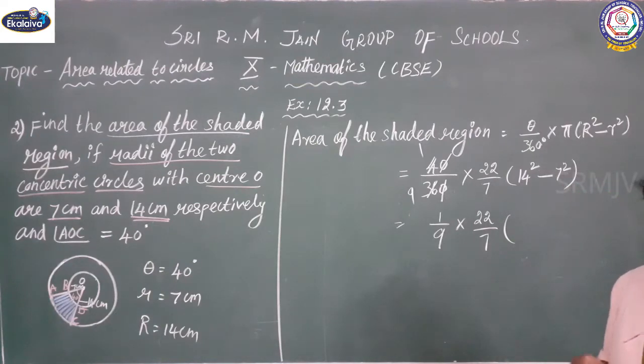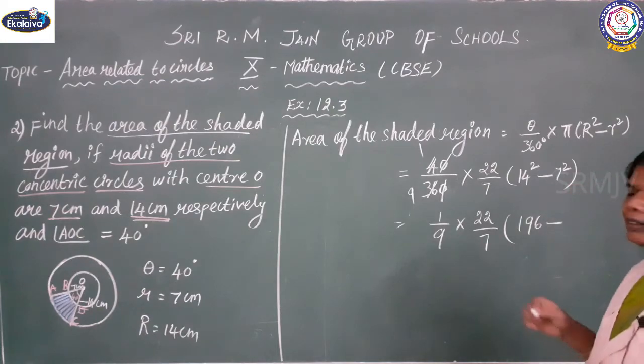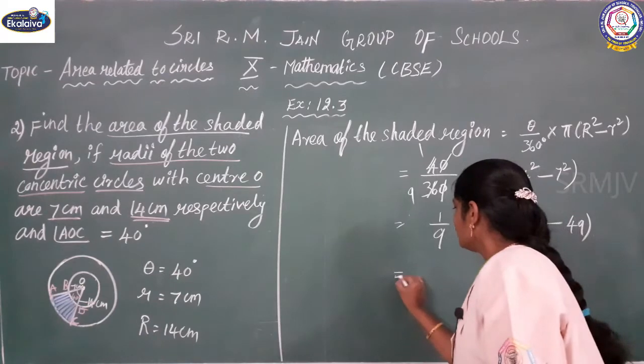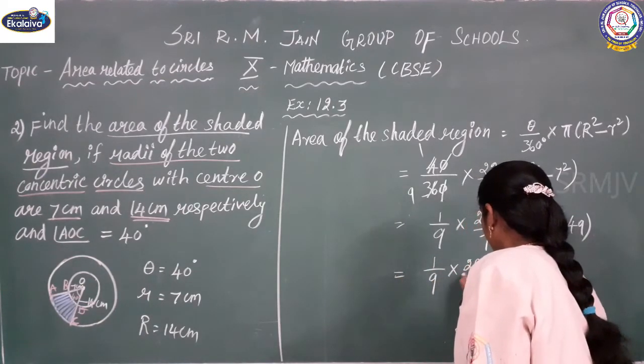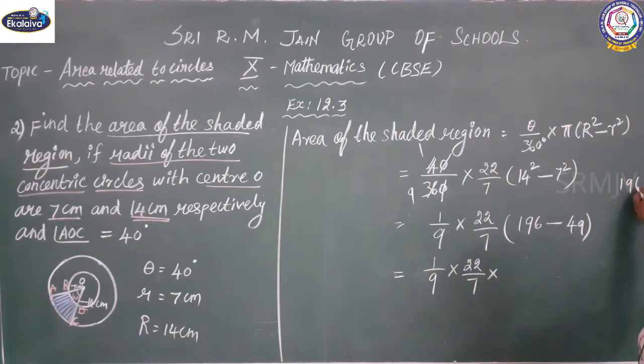What you will get, children? 196, minus 7 square 49. 1 by 9 into 22 by 7 into 196 minus 49.